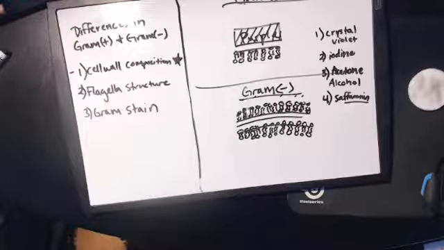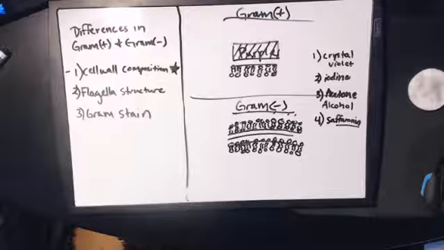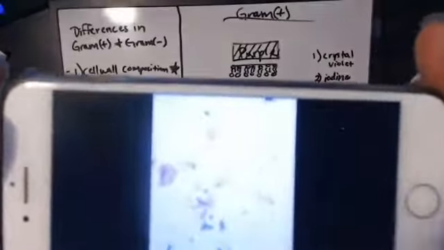If they ask you, how would you be able to distinguish the 2? These are the different steps. And I actually have a picture of a gram stain under a microscope, if I can get it to focus. Okay, so this is a gram-negative and gram-positive under a microscope.